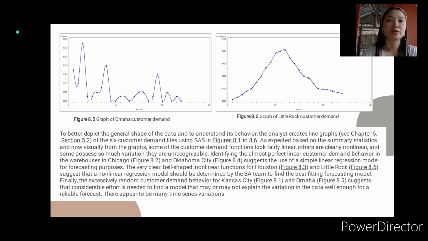And now visually from the graphs, some of the customer demand functions look fairly linear, others are clearly nonlinear, and some pass too much variation. There are unrecognizable, identifying the almost perfect linear customer demand behavior in the warehouse in Chicago.